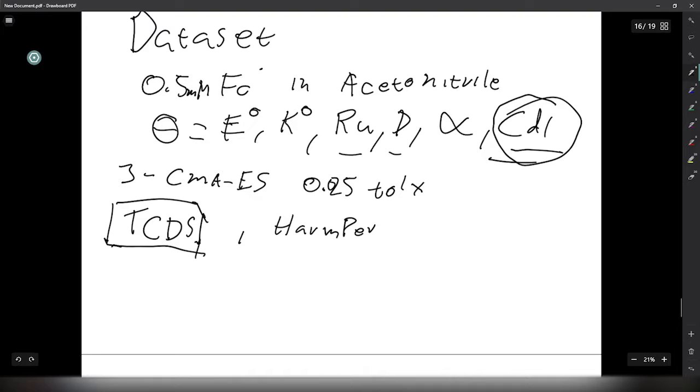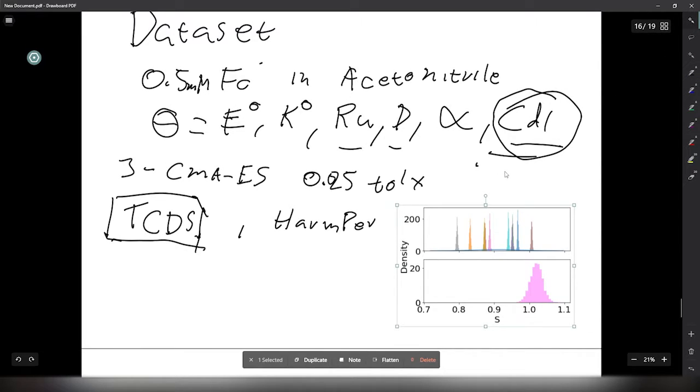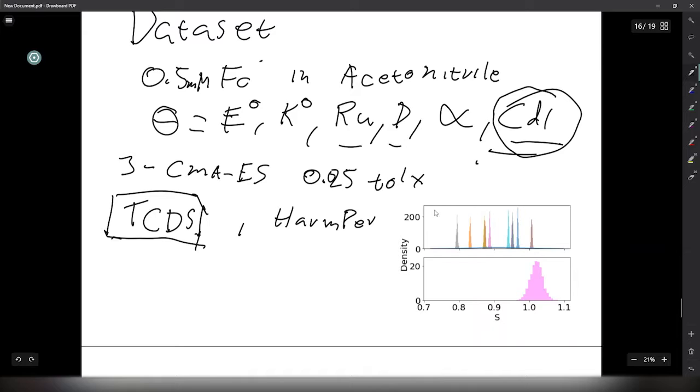I can just quickly show you some experimental data I have. I've got some data here from the paper we published, using a harmonic percentage method and TCDS. The top one is TCDS. The bottom one is harmonic percentage. As you can see, the posterior distribution calculated from harmonic percentage is nowhere near the true variation.